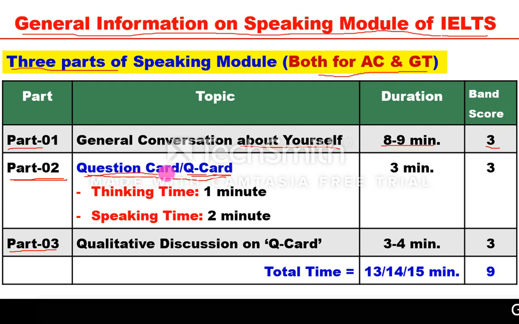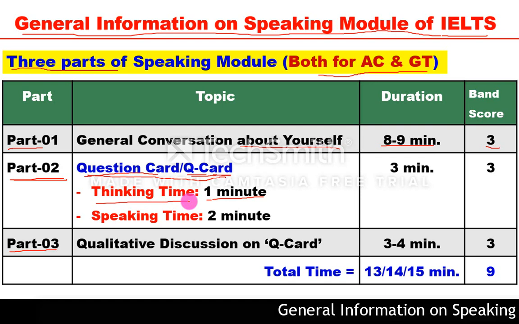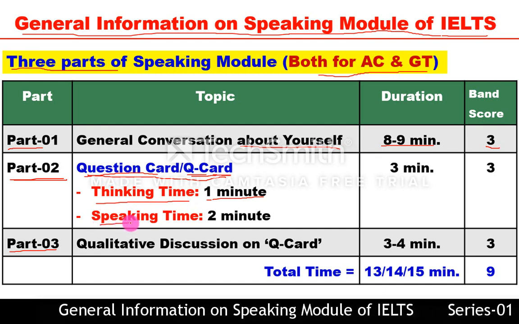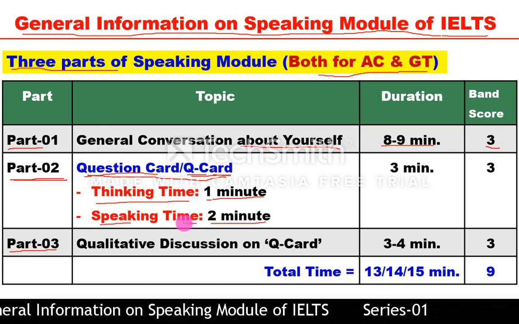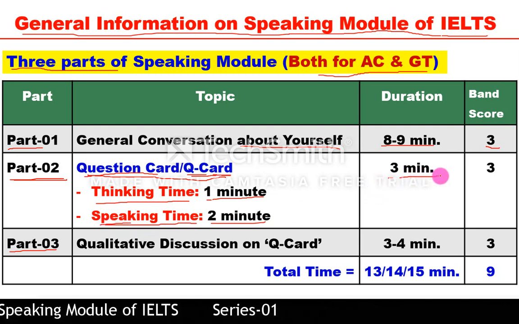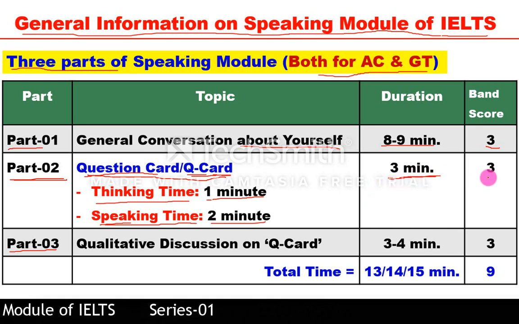After you get the cue card, you will be given 1 minute to think about the cue card, and you will be given a pencil and a piece of paper to take notes, and you will get 2 minutes for speaking on this cue card. So here you are getting 3 minutes. This is also considered as a 3 band score.